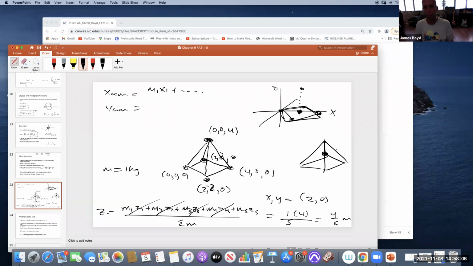I guess not. 4/5 of the way up. Weird. I don't think I messed anything up. It just feels like it should be like a 1/5. I feel like I've got something slightly wrong. But all right. Z position is 4. It's a 1/5 of 4.